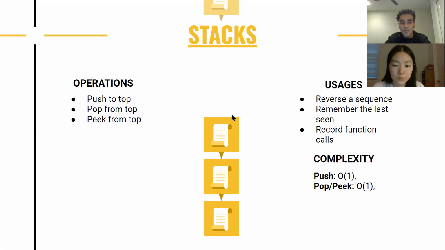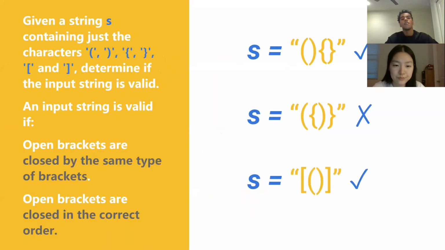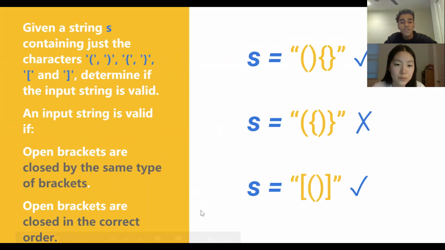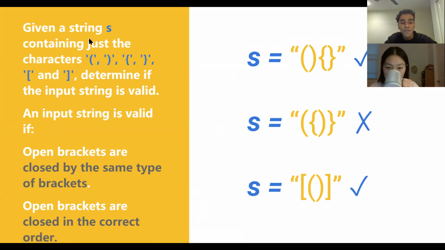We're going to cover an example of a problem that uses a stack now. This is actually one of the most popular coding interview problems of all time. Valid parentheses. You definitely would want to run over this if you're going into a coding interview, just because of how often it shows up.